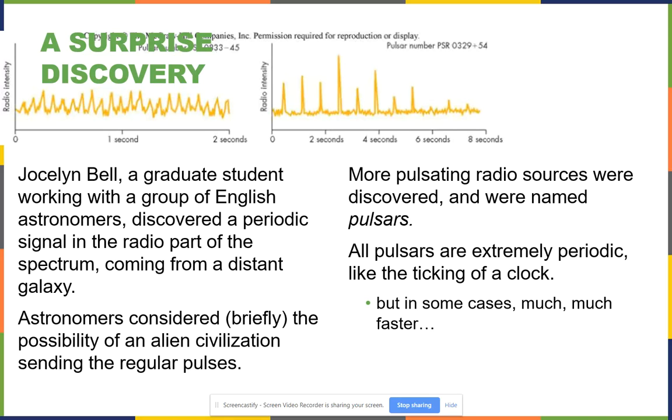As they went out searching for more of these, they found lots of these things. Some of them have pulses that are on the order of milliseconds between the pulses, like 0.003 of a second between the pulses. And so then astronomers are, what could be making these? So there's lots of things you could come up with.